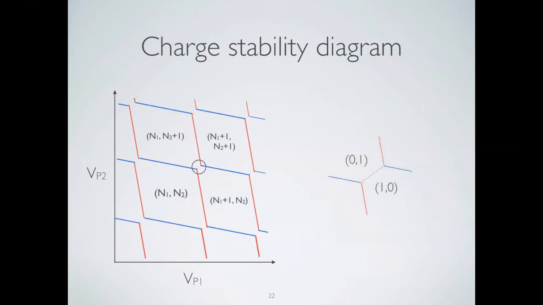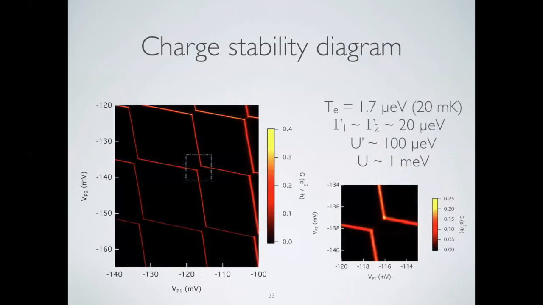So we can label this by the occupancy that you'd see. We're going to focus on this case where we have 1 extra electron, but it can sit on either site. So this is the cartoon picture. Let's see what the data look like. Here are the data. They bear a passing resemblance to the cartoon.